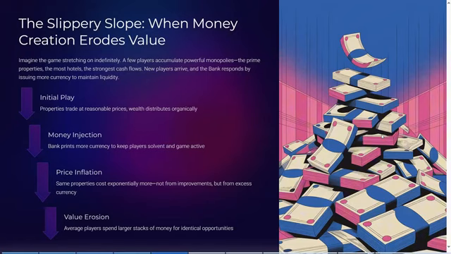The prime properties get the most hotels and the strongest cash flows. But remember, this is a continuation game. Some original players may quit playing, or they may pass on some of their inheritance to the next player. But whenever new players arrive, the bank responds by issuing more currency to maintain that liquidity.